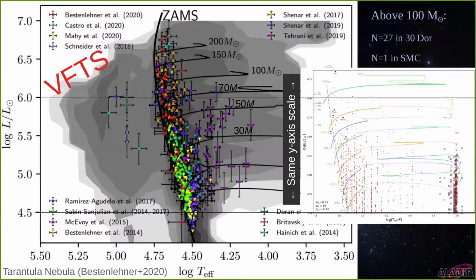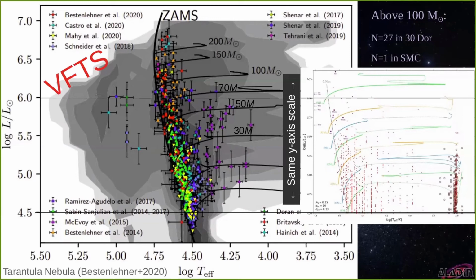bright stars. And as you might be aware, a dedicated effort has taken place to study massive stars in the twin brother of the SMC, the LMC, in particular in the Tarantula Nebula. I'm going to do a quick comparison. I use the same y-axis scale in both plots, but the compilation of Bestenlehner et al. 2020 goes to a lot higher luminosities.